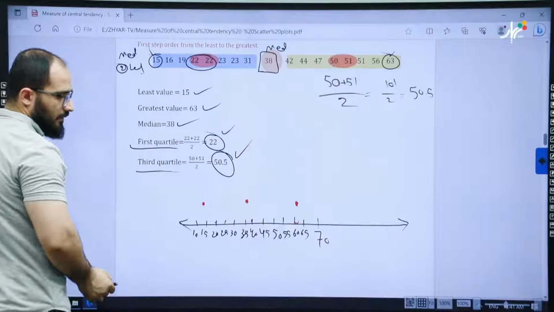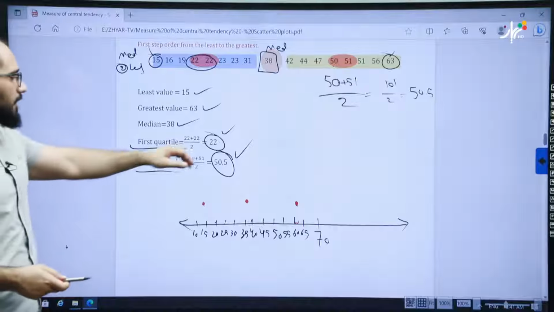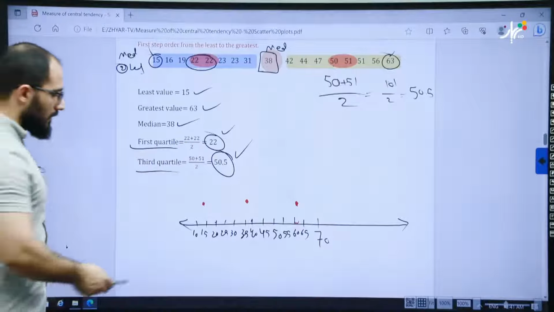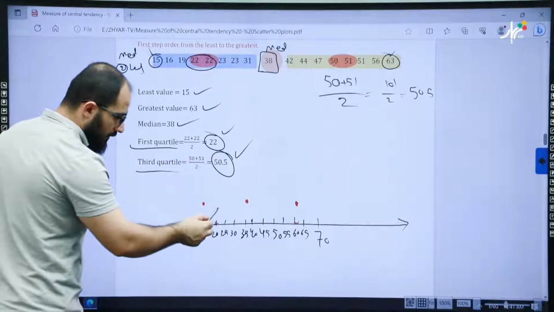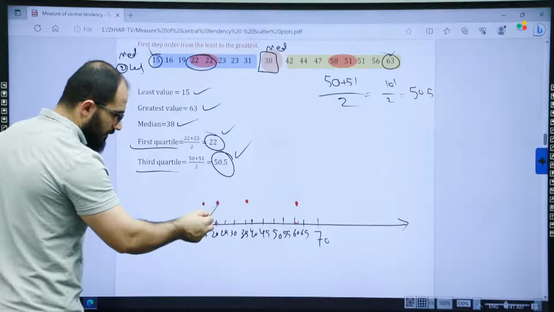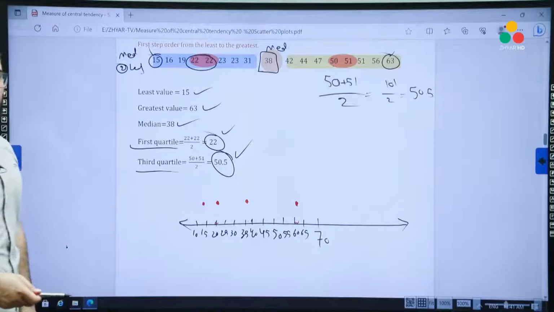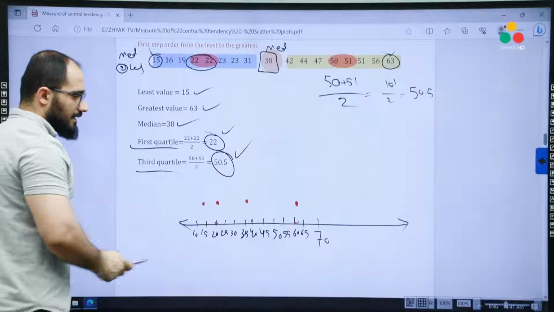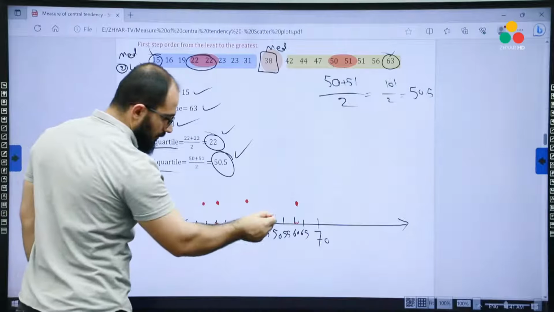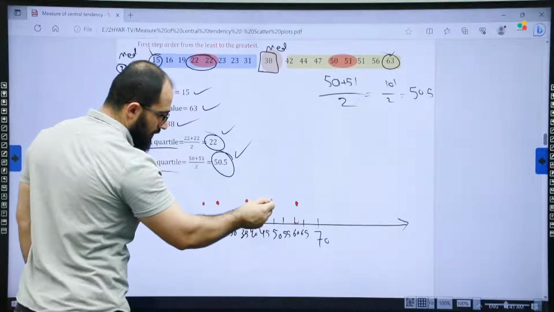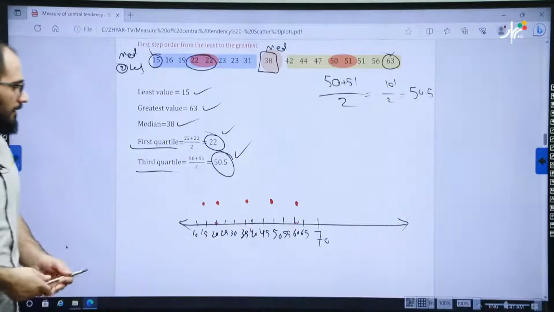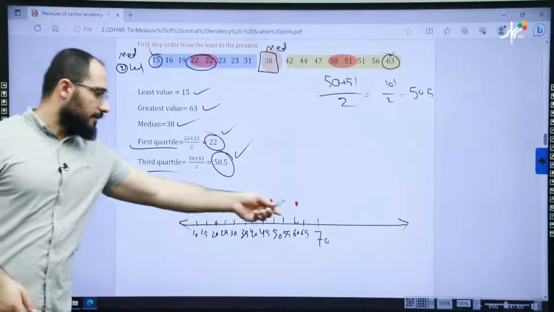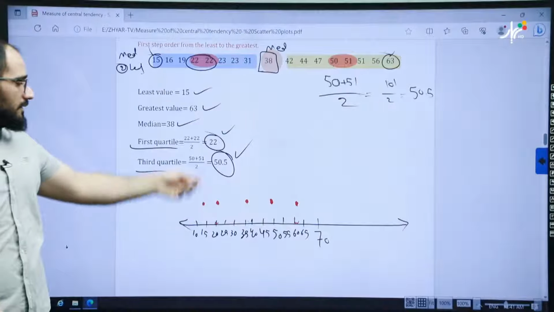Then the first quartile is 22. We have 20, 21, and 22, so this is the first quartile. Then, what about the third quartile? It's 50.5. You have 50 and 50.5. This is here. Okay, we have marked all the information here.